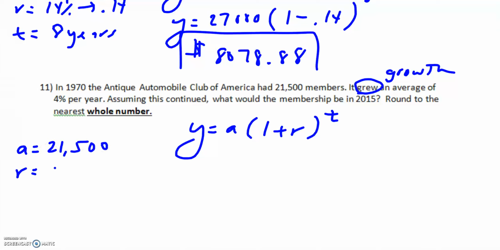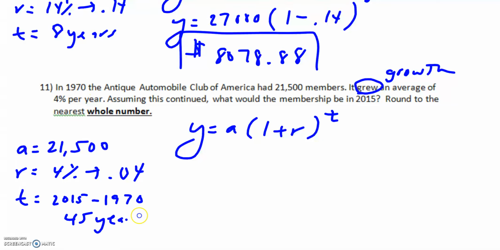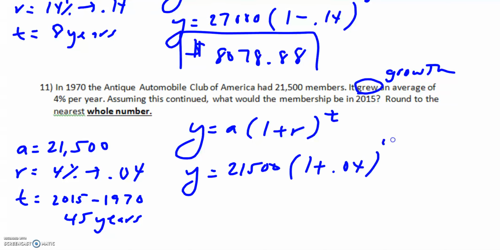The rate of growth is 4%, which is 0.04 as a regular number. The amount of time that passes from 1970 to 2015 is 45 years. So if I plugged in that information, I'd have y equals 21,500 times 1 plus 0.04 raised to the 45th power.